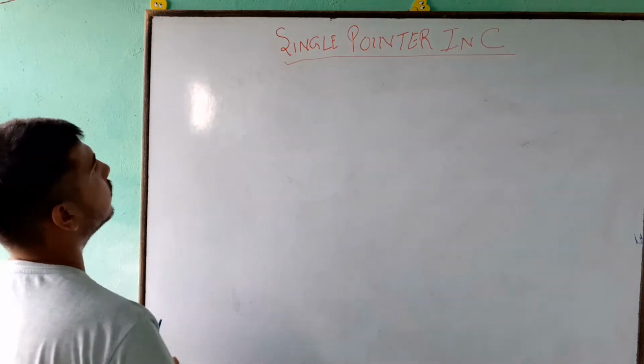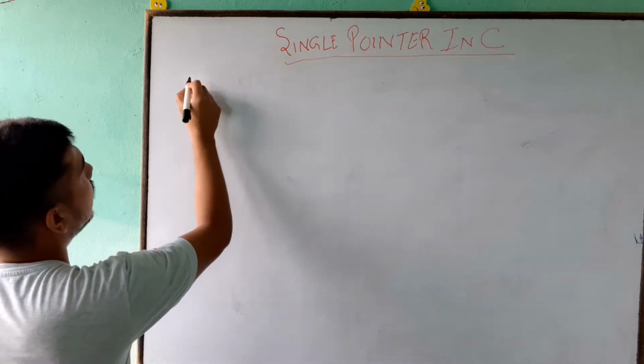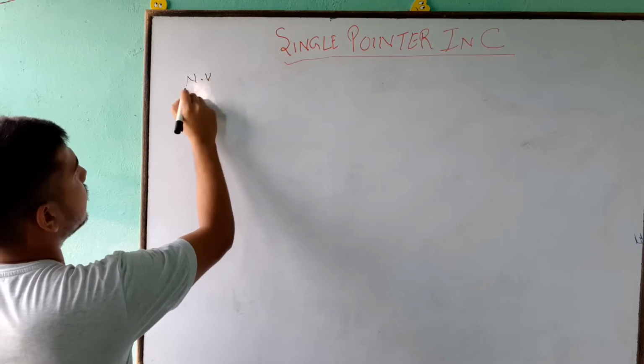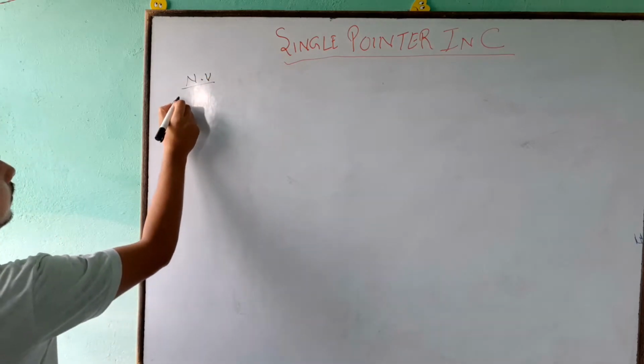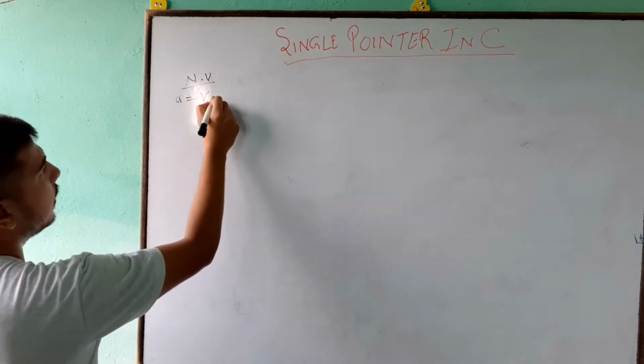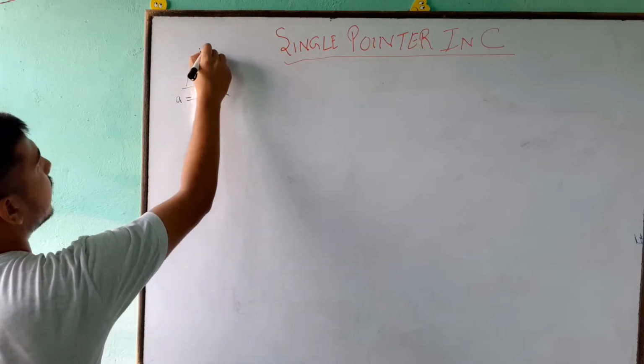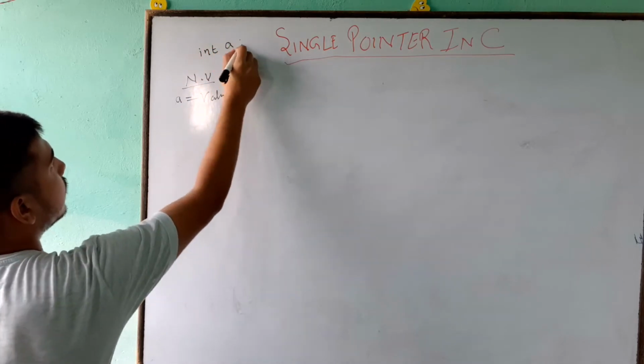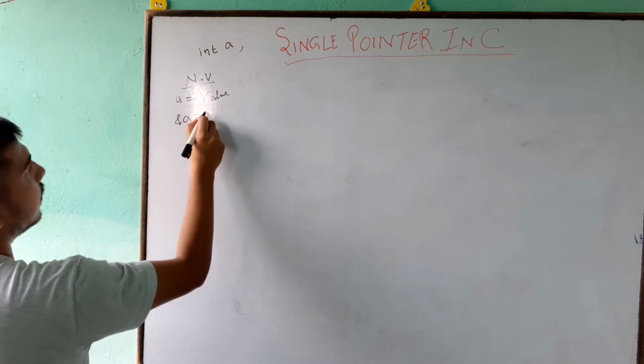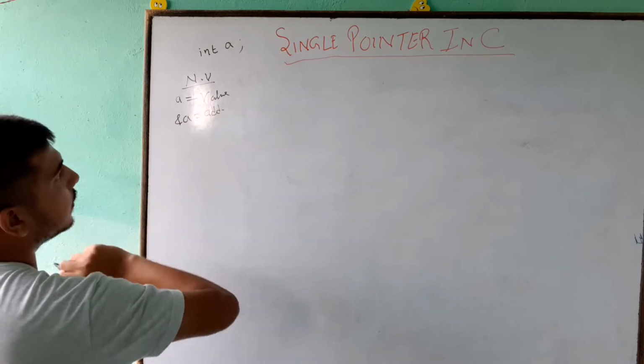In the previous video we had seen that in a normal variable, supposing int a, a will hold a value and &a will be its address, right?